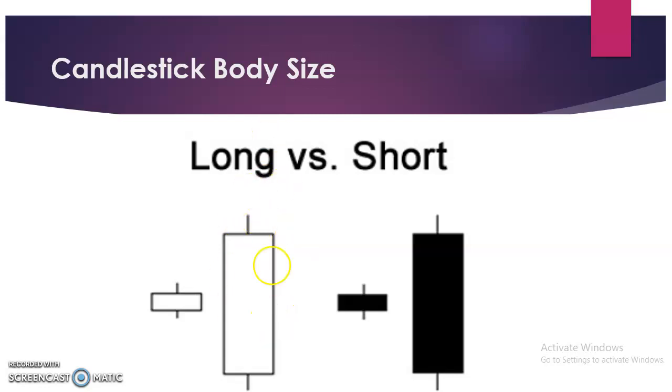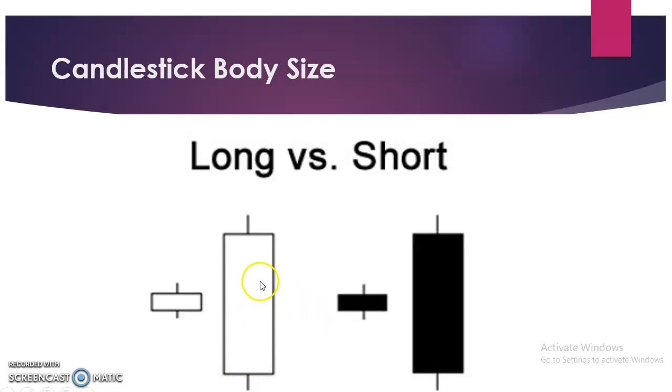So when you see these big bodies, it's telling you that a lot of orders went in during that particular period. And when you see these small bodies, it's telling you that there were very few orders placed during that particular session.